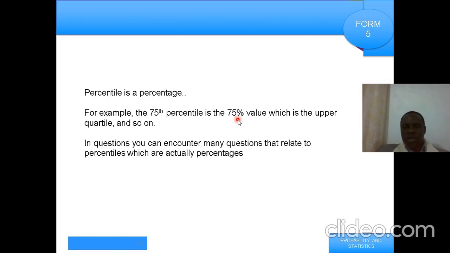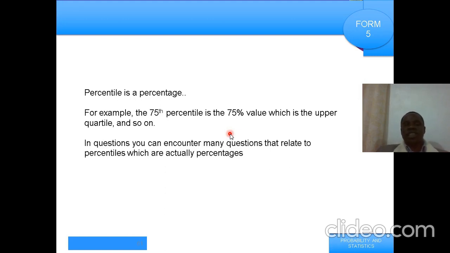The third quartile, which we call Q3, the upper quartile, is the value found at the 75th percentage point. So we call it a percentile. Which means for percentiles, you can even be asked to find the 10th percentile, and that will just be at 10% of the data. Or if you are asked to find the 50th percentile, it means it's the median. It's 50% of the data.